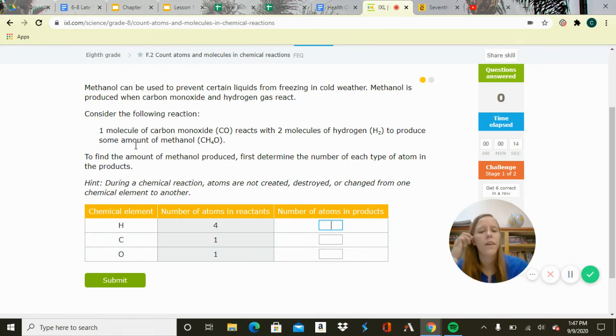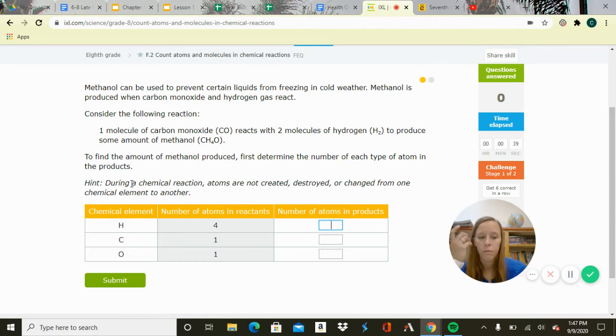So consider the following reaction, it says. One molecule of carbon monoxide, CO, reacts with two molecules of hydrogen, H2, to produce some amount of methanol, CH4O. To find the amount of methanol produced, first determine the number of each type of atom in the product.